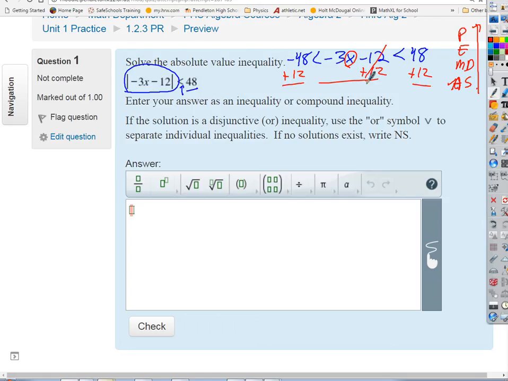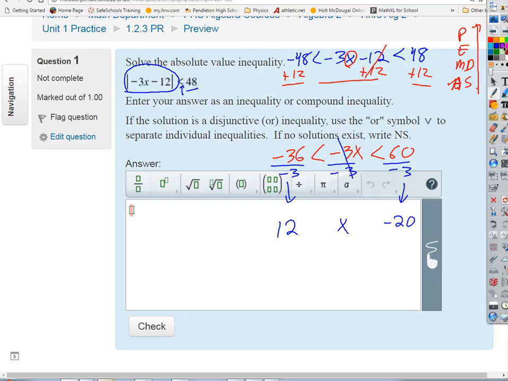So then we end up with negative 3x in the middle. Over here we're going to get negative 36, and over here we're going to get positive 60. Then we're going to divide all sides through by negative 3, and we're going to end up with the number 12 here, the number negative 20 there, and an x in the middle.